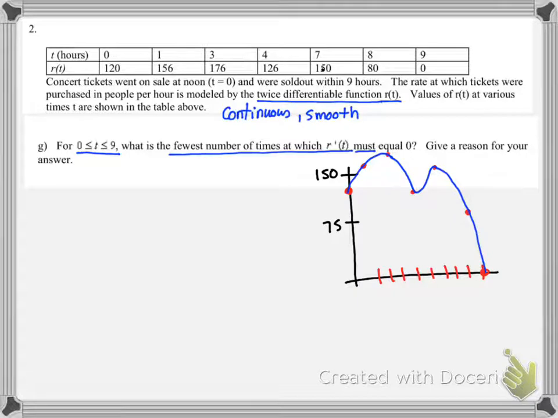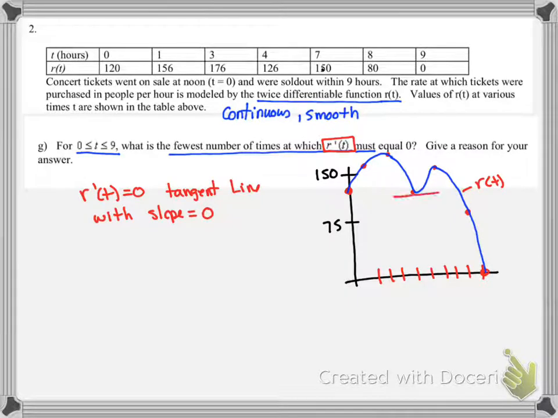Well, what would it mean for r prime to be equal to 0? Given that this is r, then that means r prime of t would equal 0. So we would have a tangent line with slope equal to 0.